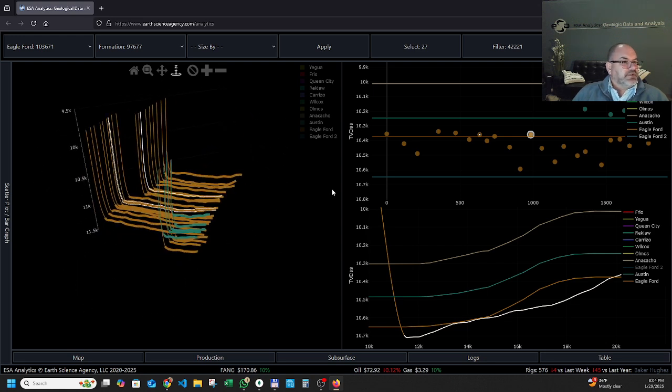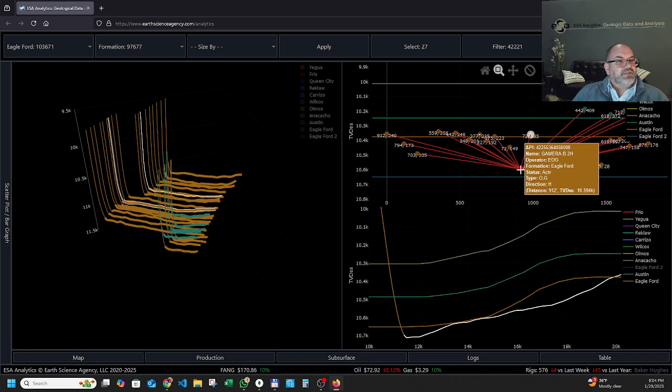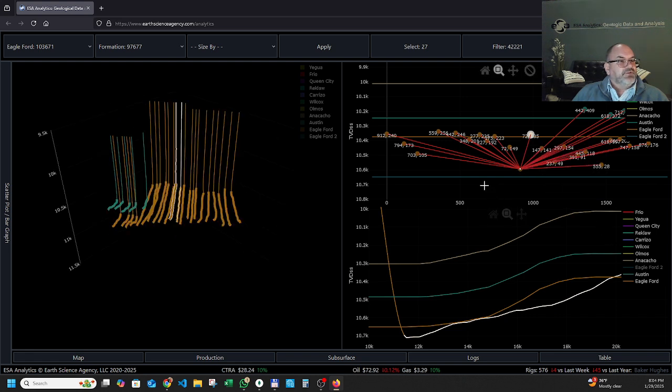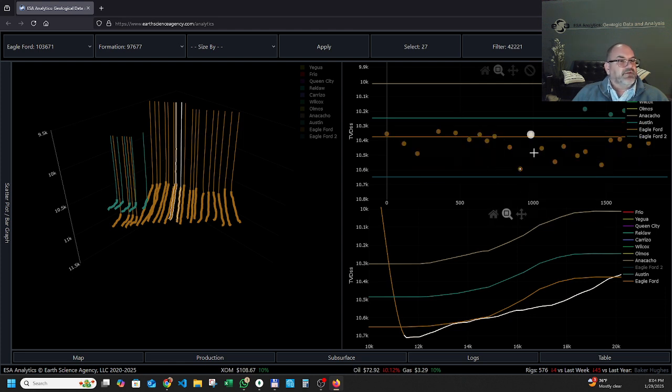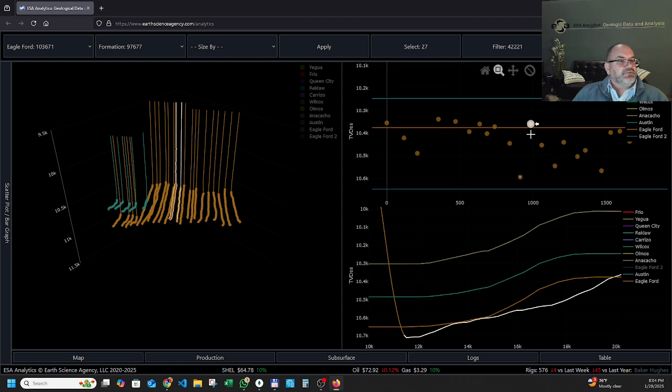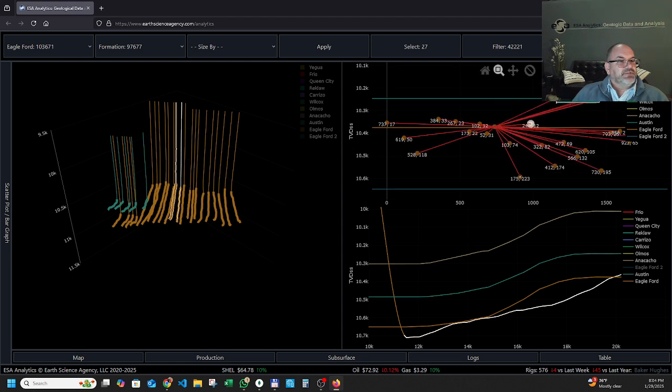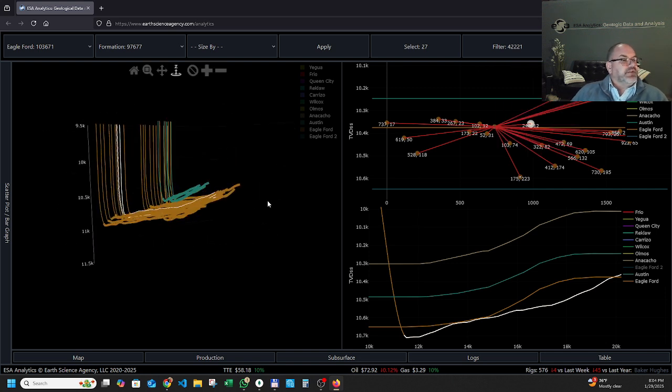And that gives you spacing, so you can click on one well and you can see how far it is from every well, and so these are in feet, both vertical and horizontal. You can turn that off, and you should be able to do the same thing with any one of these wells. Well, let's just leave that on.